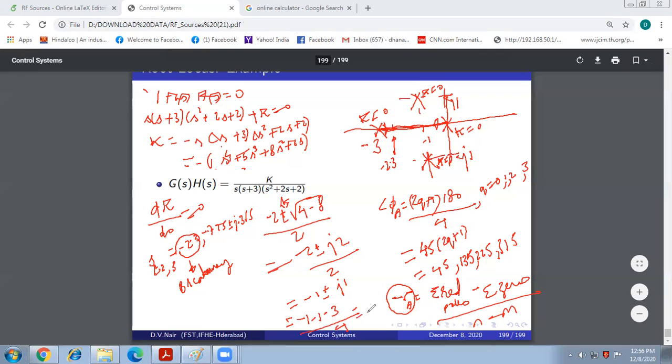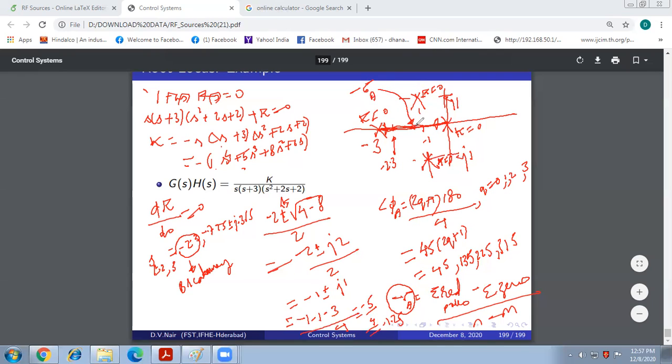So it is minus 5 by 4, equal to minus 1.25, let us say. So somewhere here will be the centroid of asymptotes, minus sigma a.